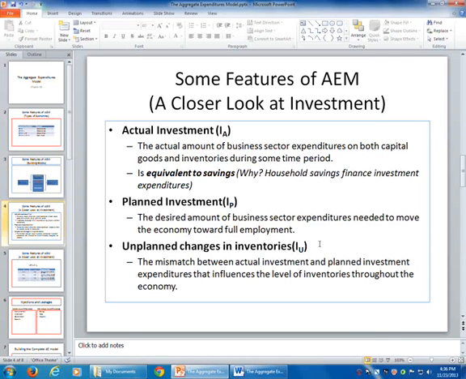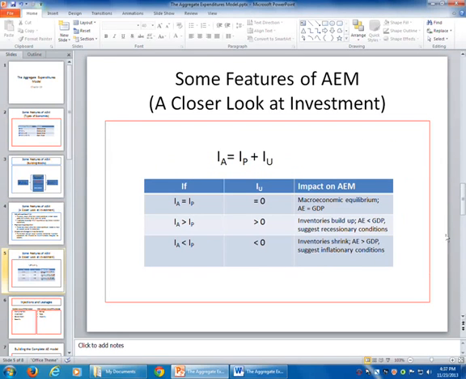That is, when actual investment differs from planned investment. We're going to let that difference give us insight about what happens to inventories throughout the economy. To give a little more insight, we have the relationship: actual investment is equal to planned investment plus unplanned effects on inventories, I sub U.